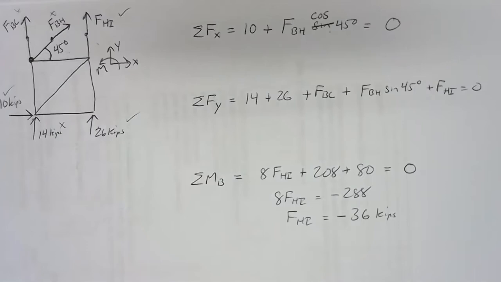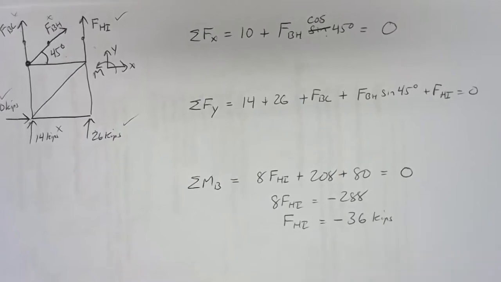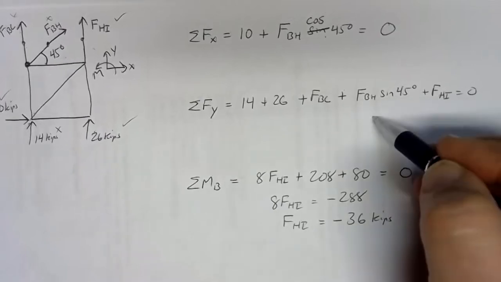Positive answers in method of sections mean tension. Negative answers mean compression. So member HI is in compression. But we're stuck with our assumptions for now. We'll have to keep that negative in that number. We can fix it when we draw our final answers. So negative 36 kips.